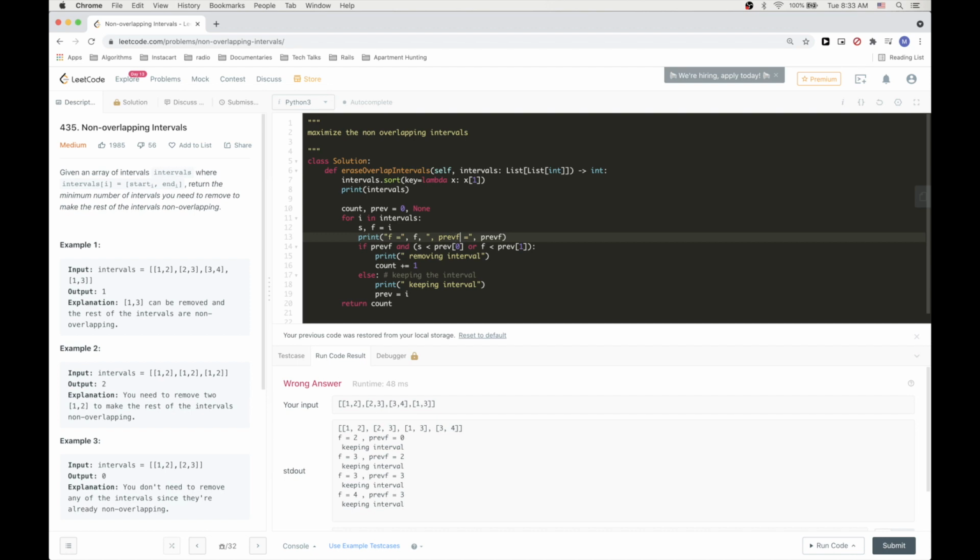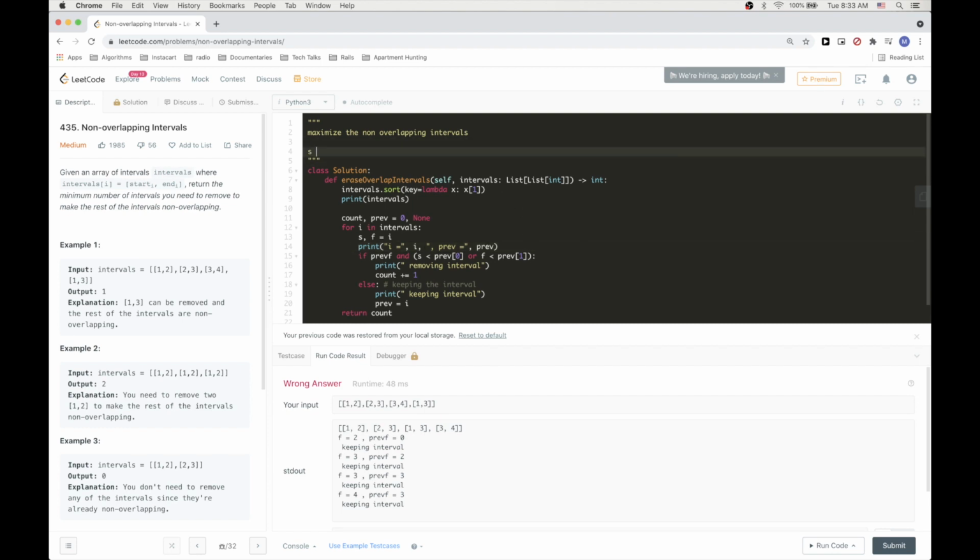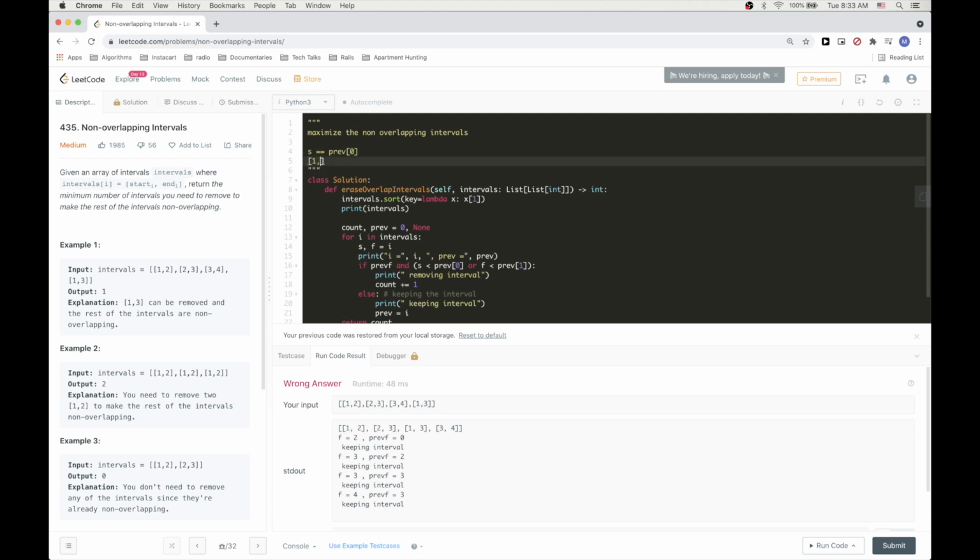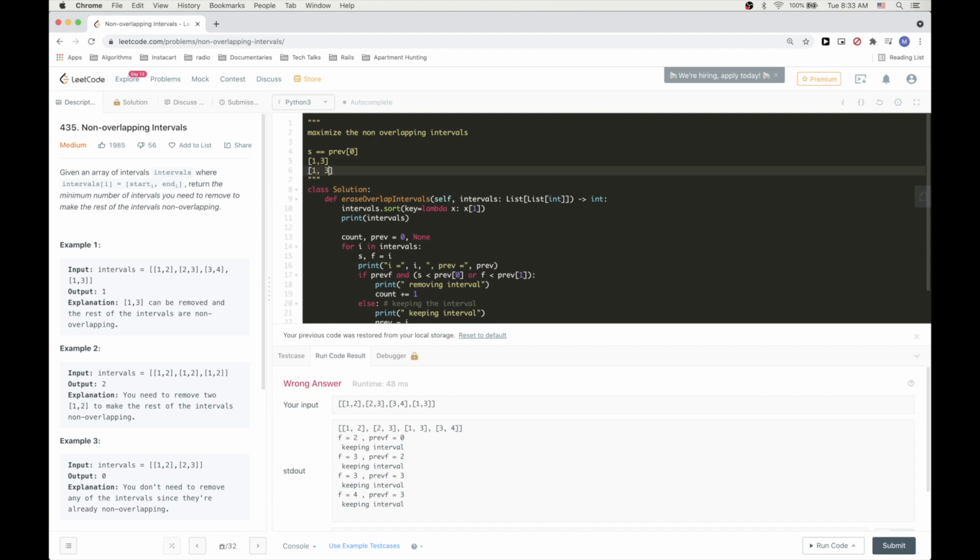What about if they are equal, like s equal to prev 0? That would be maybe 1 3 and 1 3, so they certainly overlap.